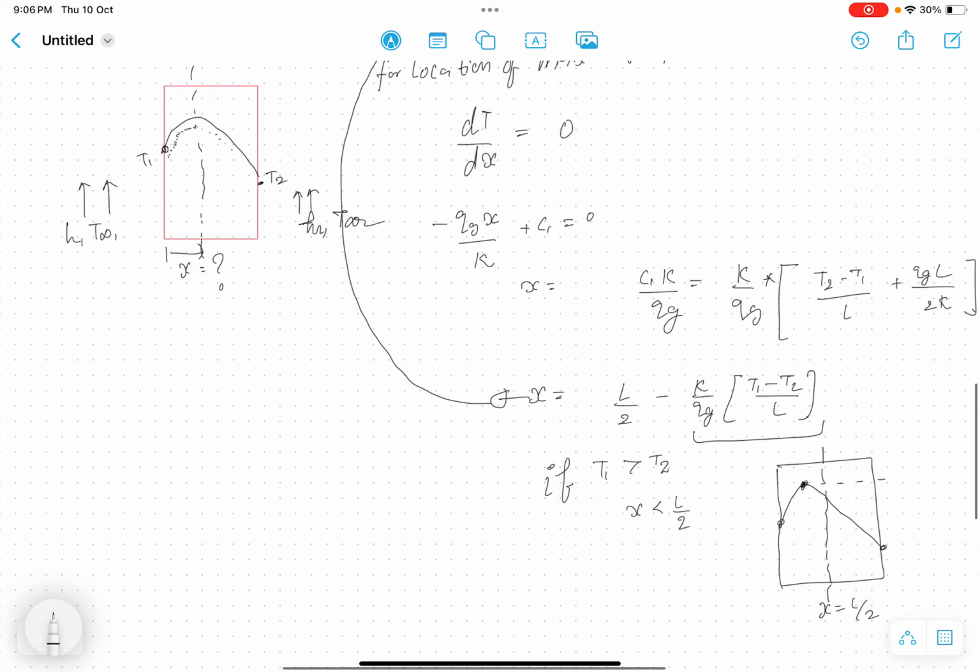If this side's fluid has a lower heat transfer coefficient, meaning less ability to take away heat from this hot body, then the left side will have higher temperature, and vice versa for the right hand side.